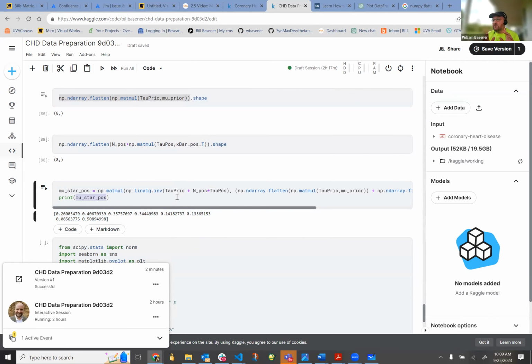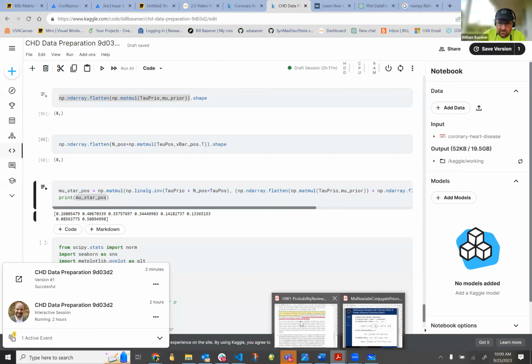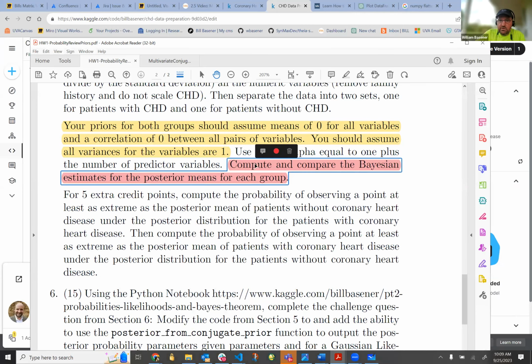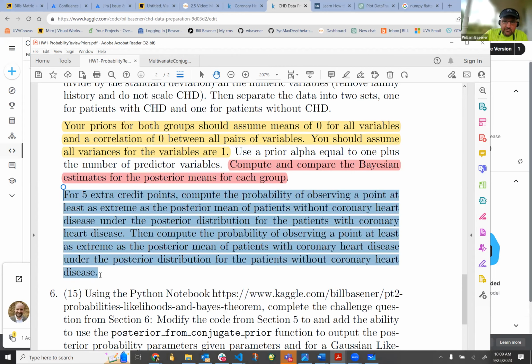And I want you to compare those and give some thought. I'm not expecting anything very long for that thought. We did it for the mu star positive. You'll need to do it for the mu star negative part. And then compare the Bayesian estimates with the means for each group, right? There's a 5 extra points part here. You're free to think about it.